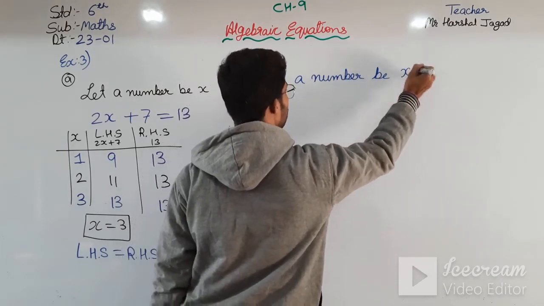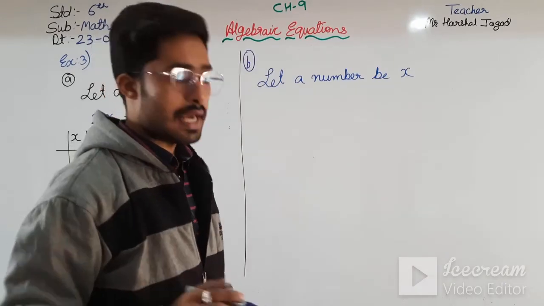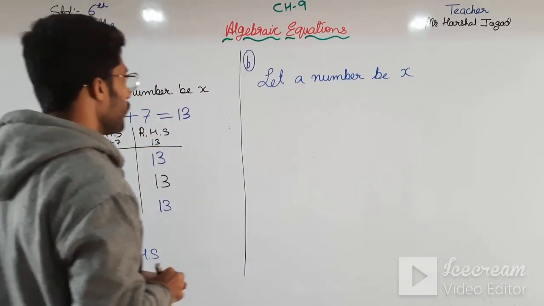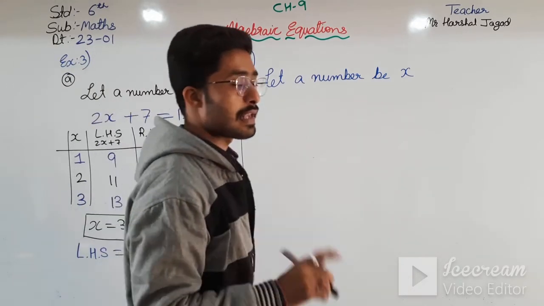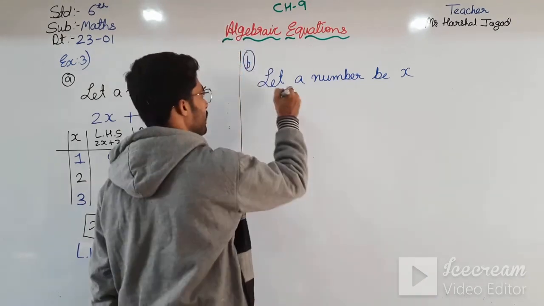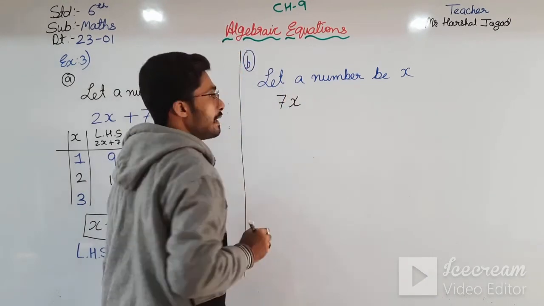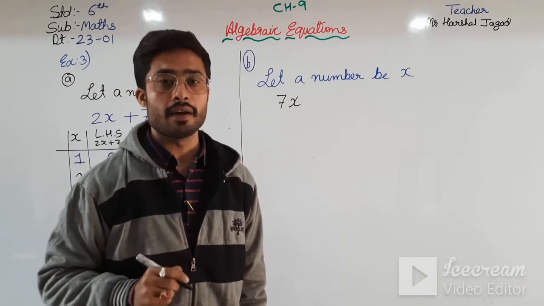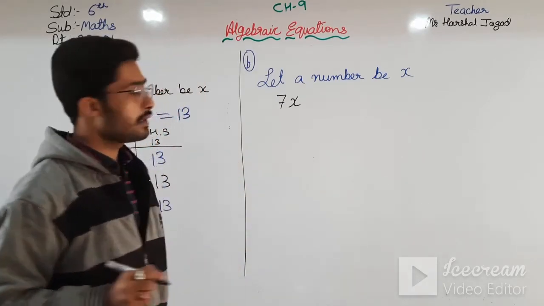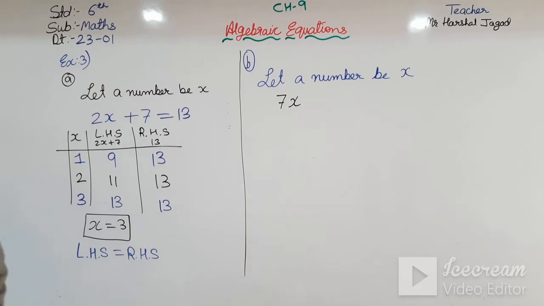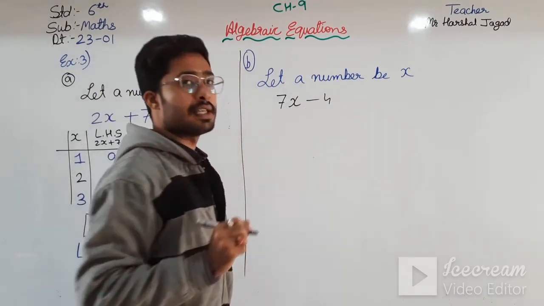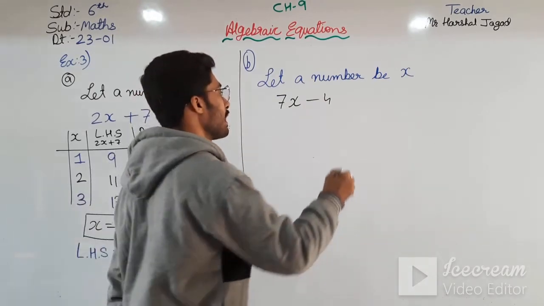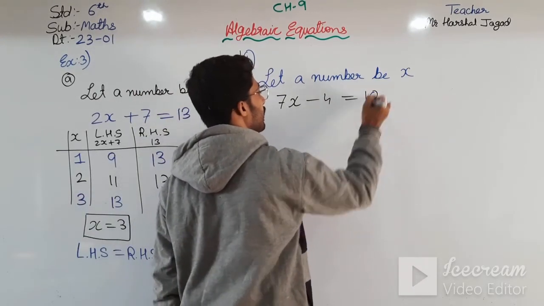Let the number be x. Then 7 times a number is 7x, decreased by 4, meaning subtracting 4, then we get our answer, that is 10.